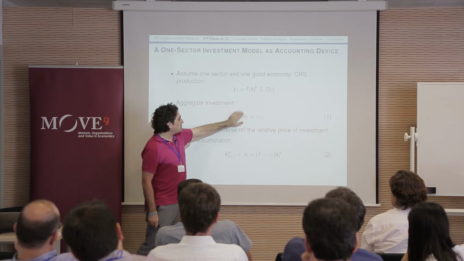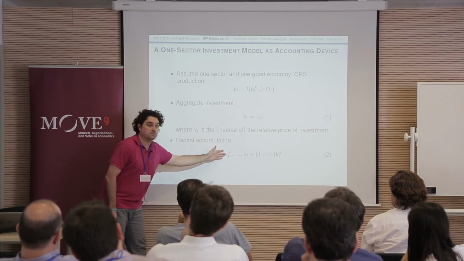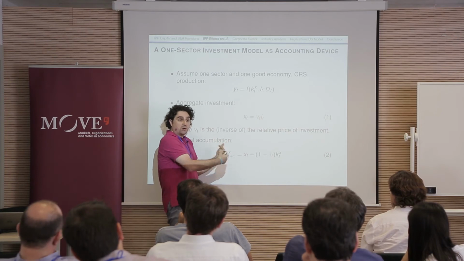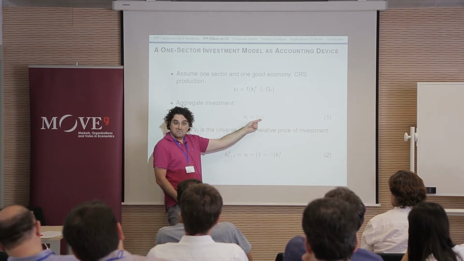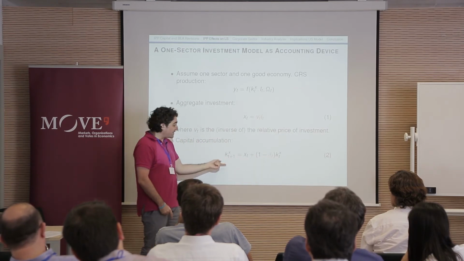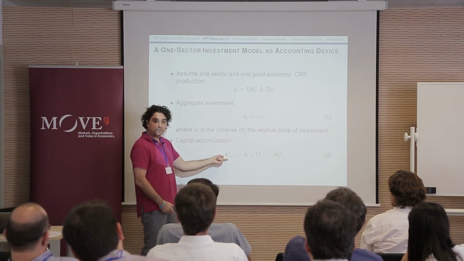You have aggregate investment, which is investment and the inverse of the price, and then you have accumulation. It's just accounting. Now what I'm going to do is change what is in orange. I'm going to change the price without IPP, change the investment, and change the delta. That's going to give me an alternative series of K: different price, different investment, different delta, an alternative series of K.